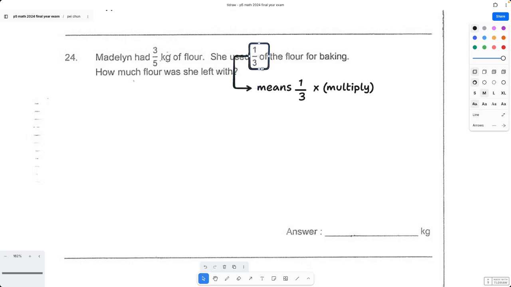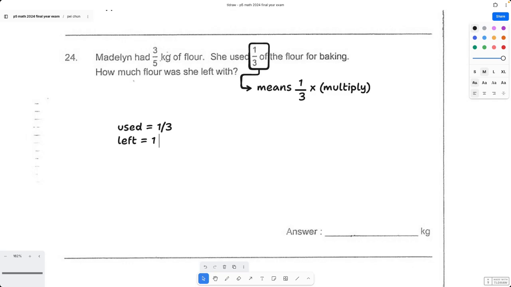So means 1/3 times. Basically, she used 1/3. So used is equal to 1/3. Then left is equal to 1 minus 1 over 3, which is 2 over 3.